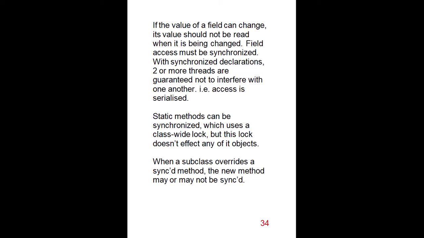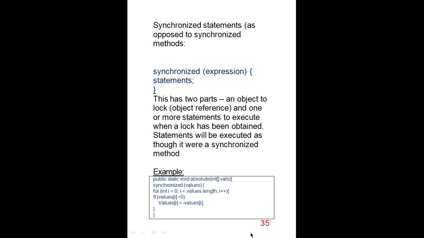Maybe with a static method you're altering the name of the designer of an Xbox, and this can't affect any of its objects, but it might prevent another thread trying to change the name of the designer of an Xbox if we're dealing with an Xbox class. When a subclass overrides a synchronized method, the new method may or may not be synchronized.